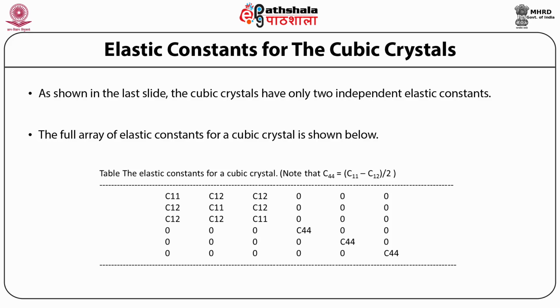The array for the compliances for the isotropic system is similar with S44 equal to 2 times (S11 minus S12).